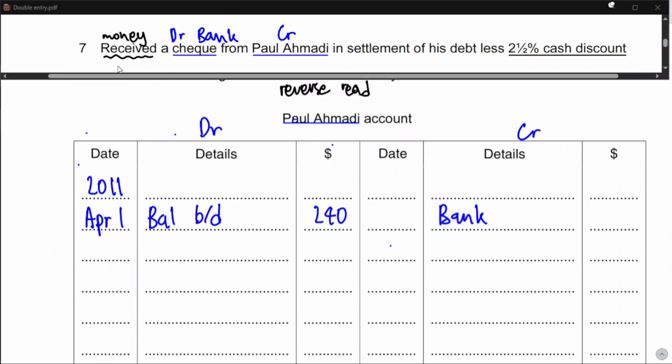April 7. How much is his debt? So refer to previous one, we recorded 240. Refer to this one now. And also cash discount. So let's put discount.